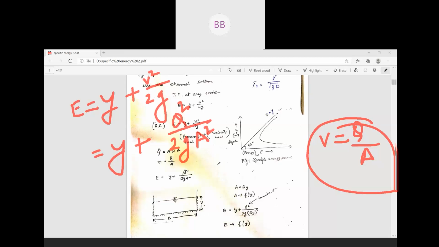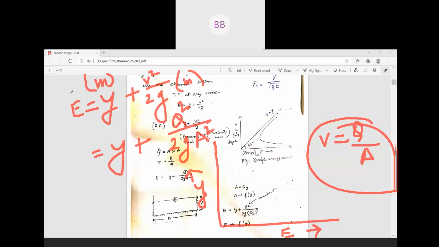Now see what we are going to do. We are going to draw a graph between your energy and your depth of flow y. Your energy will be on the x-axis and your depth of flow will be on the y-axis. We all know the depth of flow unit is meter, and this v square by 2g unit is also meter.